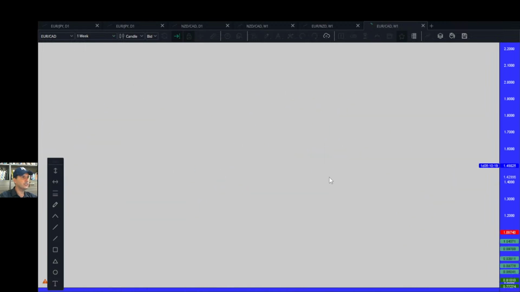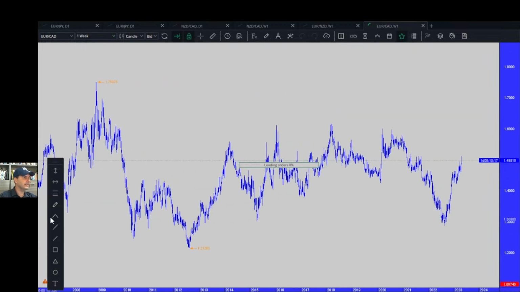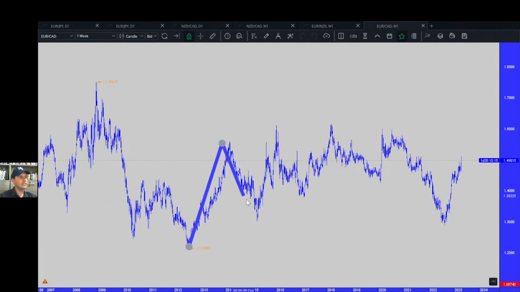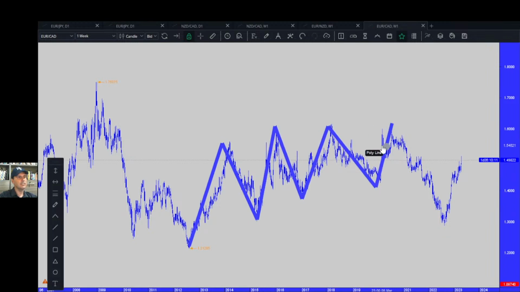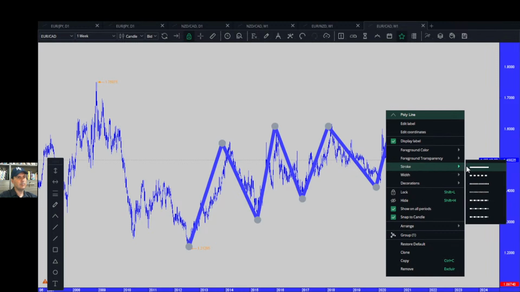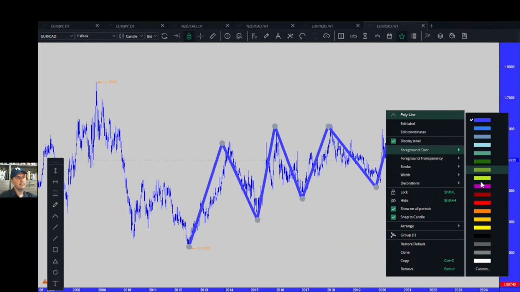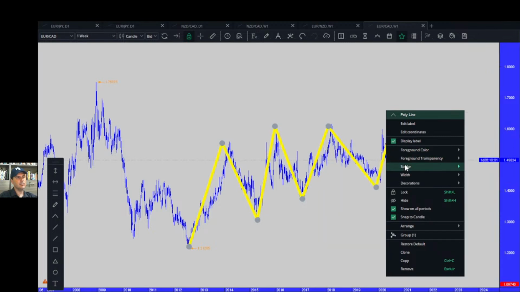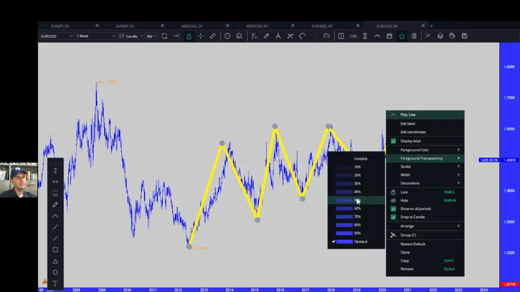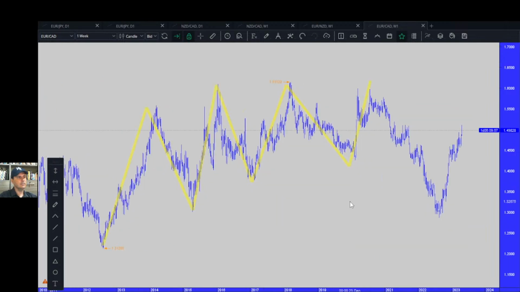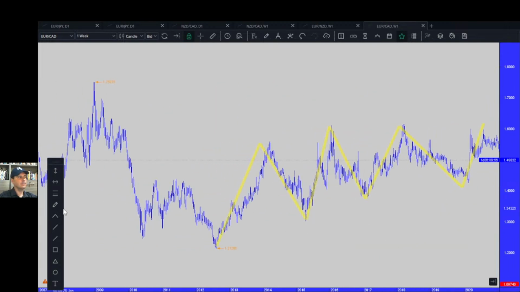Euro CAD weekly chart. Back in time, market structure, extension, retracement, extension, retracement, extension. How many of you lost buying Euro CAD because you were focused on market structure? This was back in time.